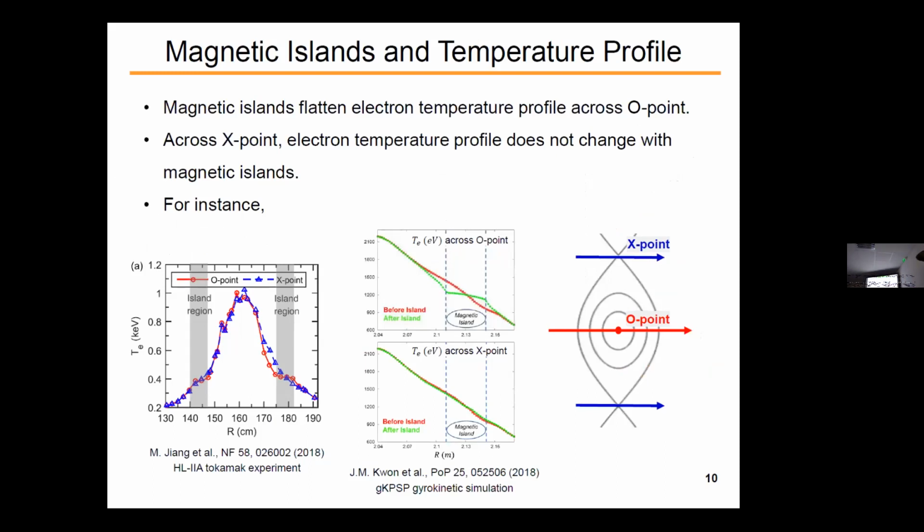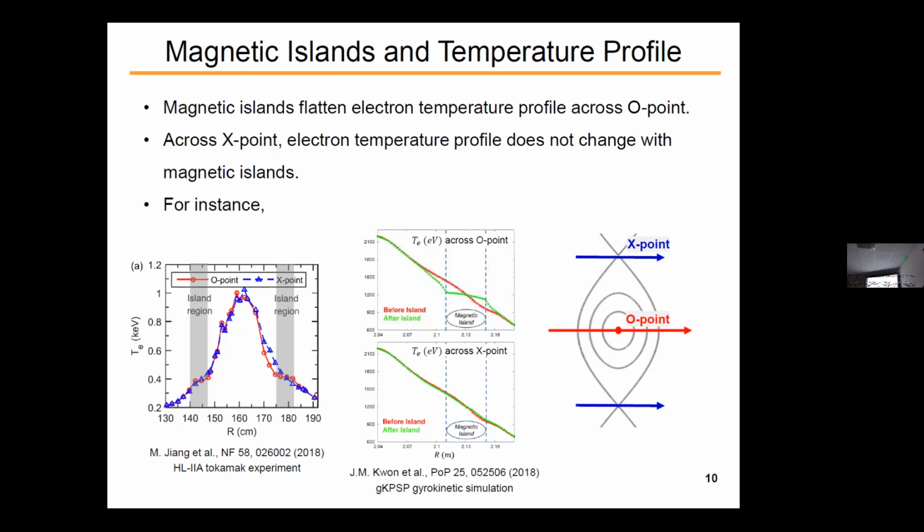So I'll get into the issue of how magnetic island can modify the microturbulence in tokamaks. As you can imagine, if a magnetic island exists, it will flatten the profile, in particular across the O point radially, like this. And through the X point, the profile modification is rather minor.